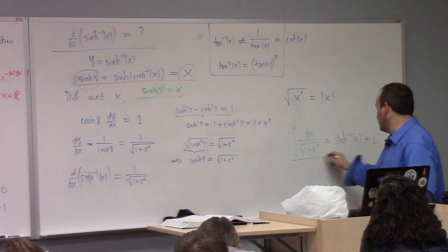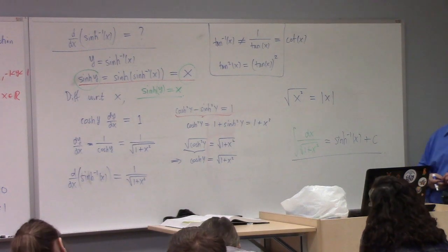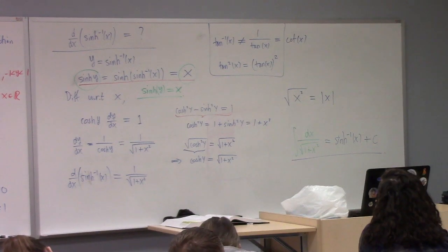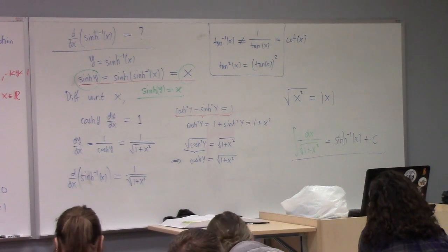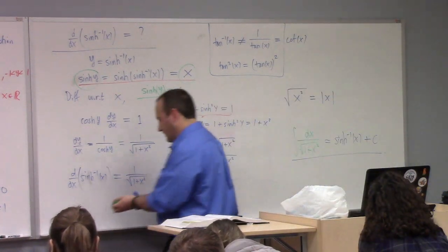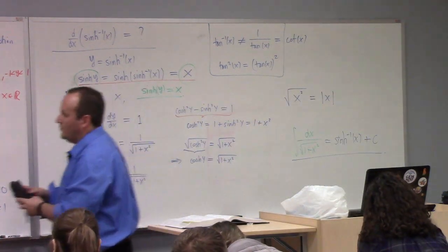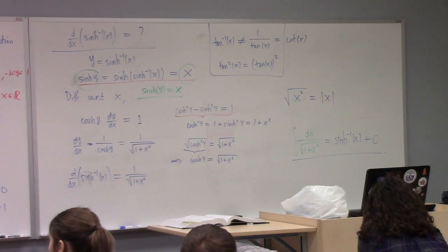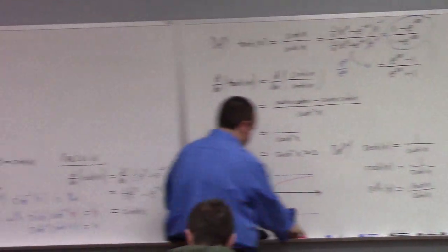Yay, done. We just gained an elementary integral, which is far from obvious. It's kind of neat. What would the derivative of inverse hyperbolic tangent look like?